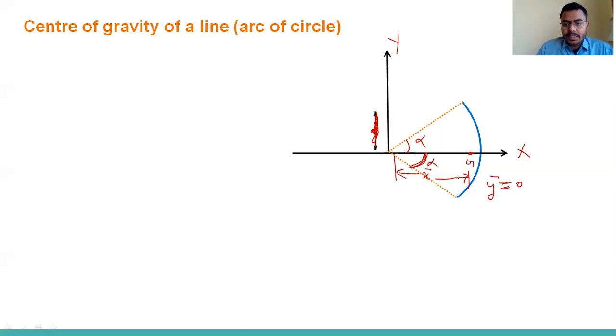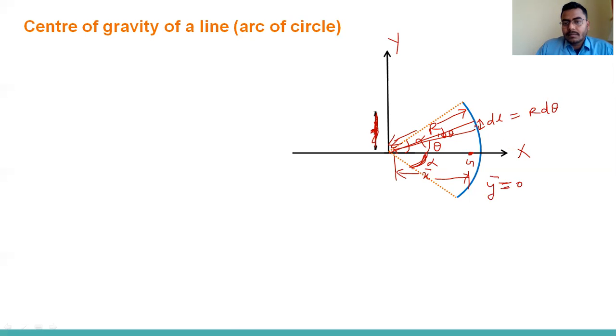Again, we do the same procedure. Take an angle theta here. Make a small change in theta, that is d theta, so a length of change dl will occur. This will be the radius r. So we can write dl is equal to r d theta, right?